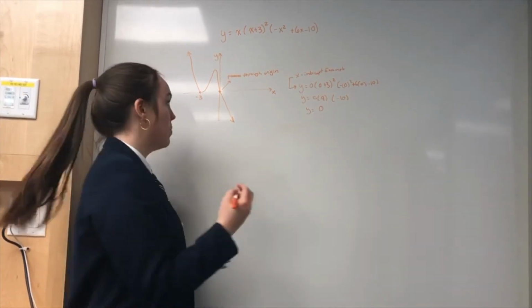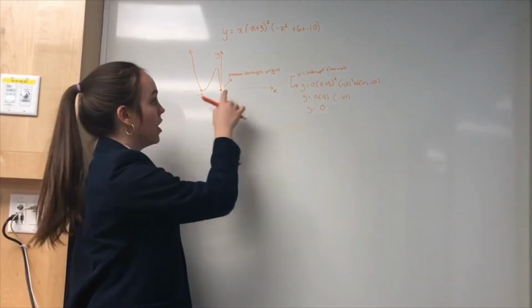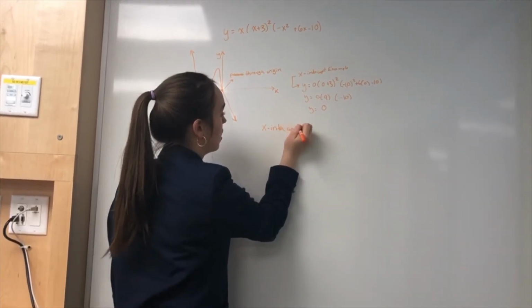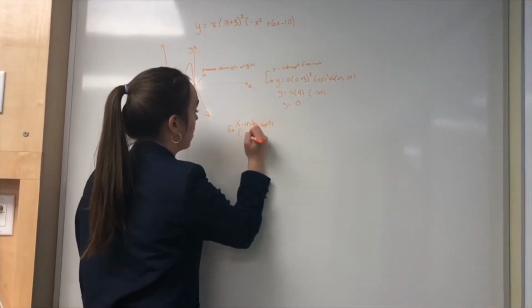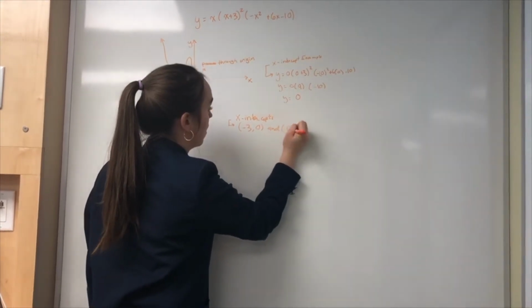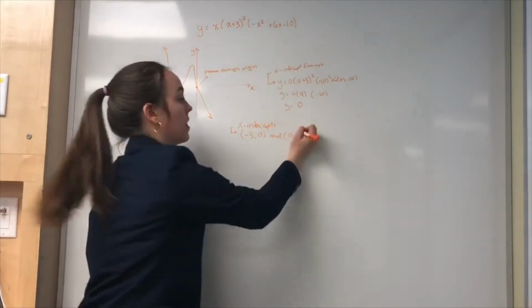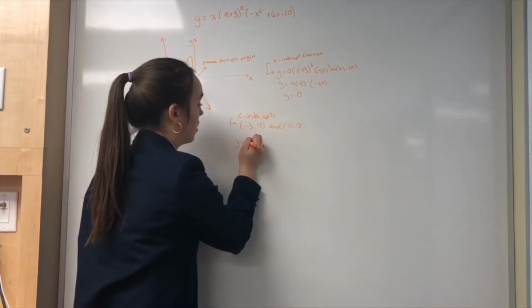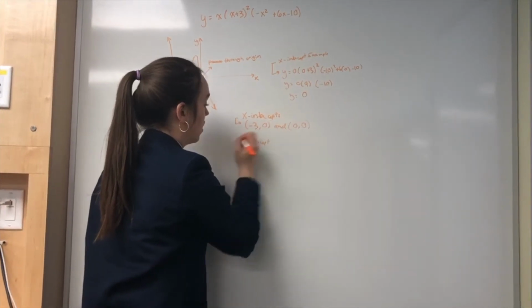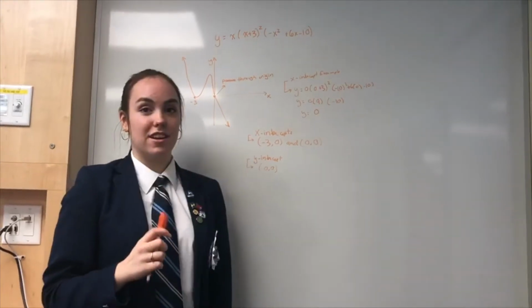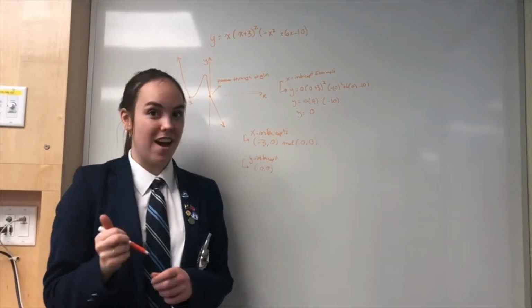There are two x-intercepts, one at negative 3 and one at 0. And there's one y-intercept, right through the origin. Now, let's go see if the door is going to open now.